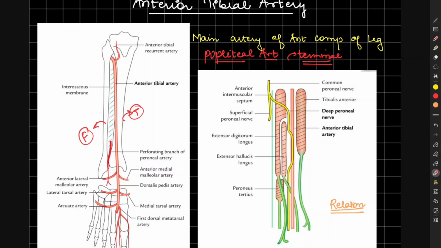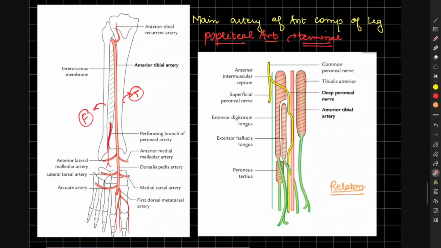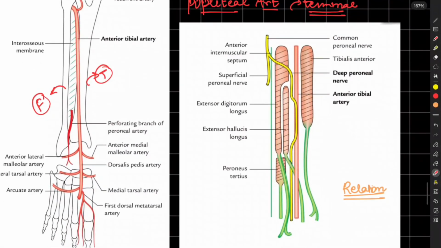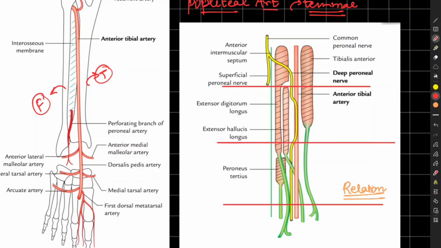Now talking about the relations, as I told you earlier, this diagram will help you to write them. In this diagram you can see the anterior tibial artery can be divided into three parts: the upper one-third, the middle one-third, and the lower one-third.